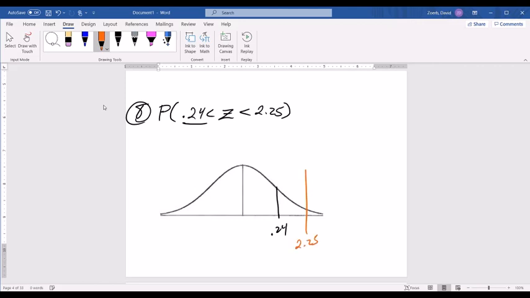Why do I make a big mark? Because I'm going to need a bigger arrow, and I don't want to overlap what's happening with the 0.24. Give yourself space to be able to write inside here and make it legible. So 0.24. So 0.2, go over to 4, so you have 0.0948.